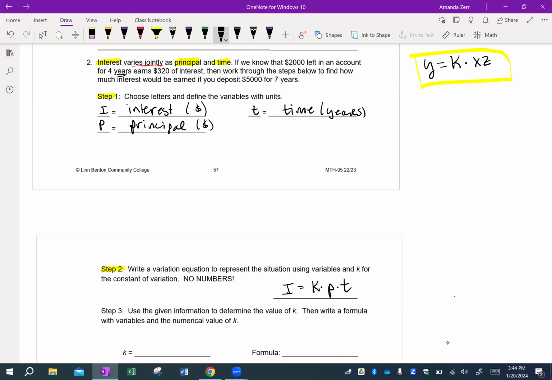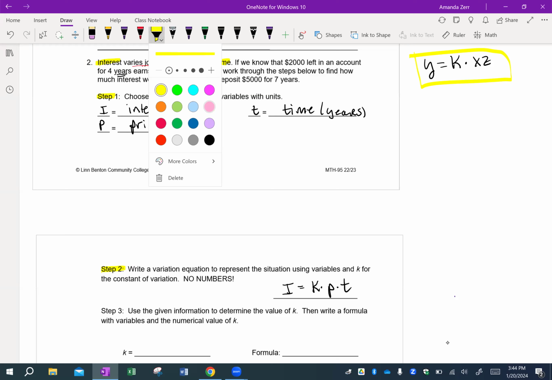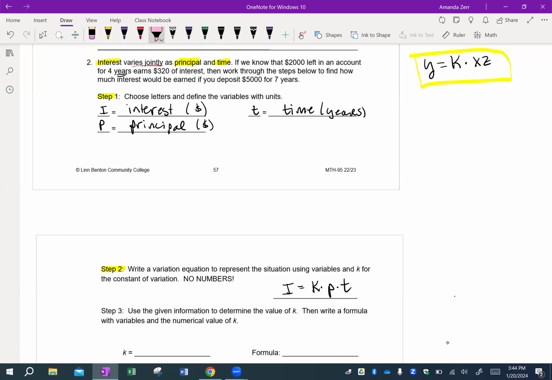All right, now it's my turn to figure out what K is worth. And we do that by reading through and finding the sentence that has everything defined with numbers. So in this particular example, we have a 2,000 amount.